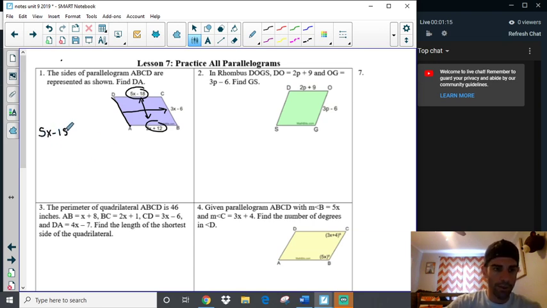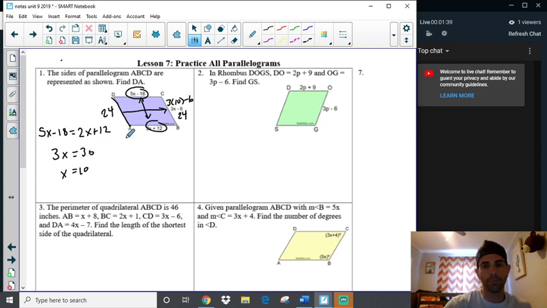So you do 5x minus 18 equals 2x plus 12. Do some math, and that's going to be 3x equals 30, which means x is equal to 10. Come back over here. 3 times 10 minus 6 is equal to 24. So DA is 24. And there's 1.